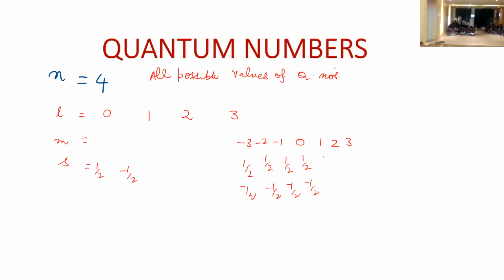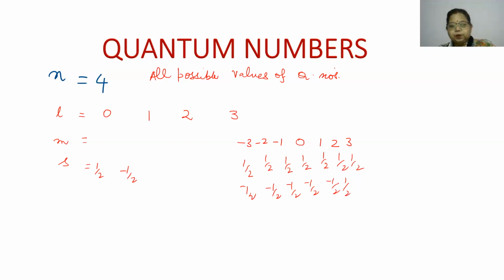For every azimuthal quantum number, there will be a different magnetic quantum number. Okay.